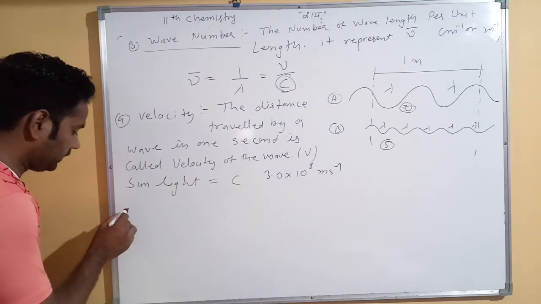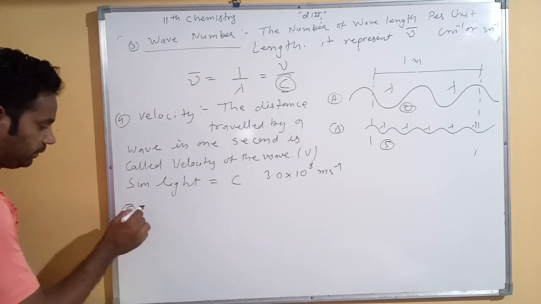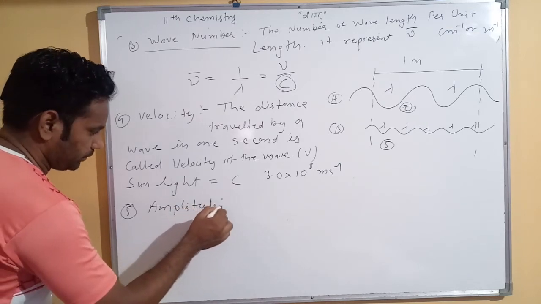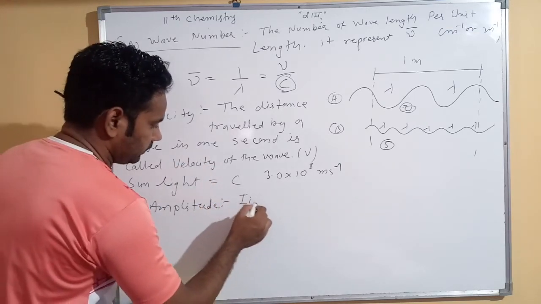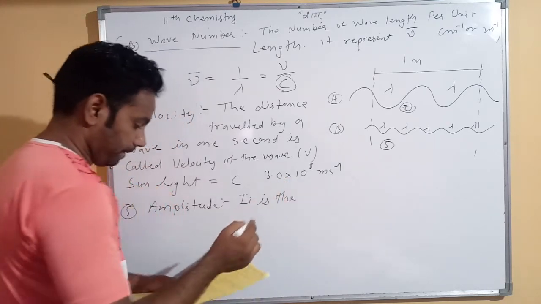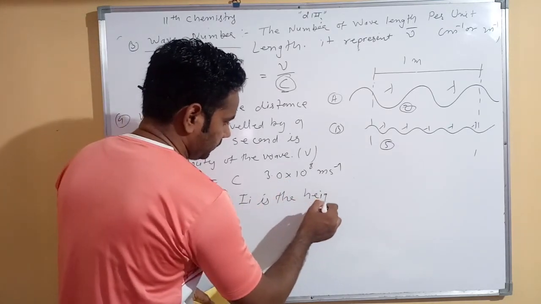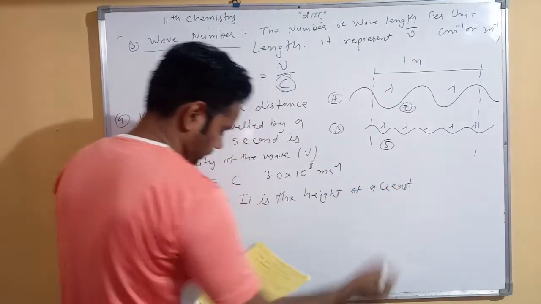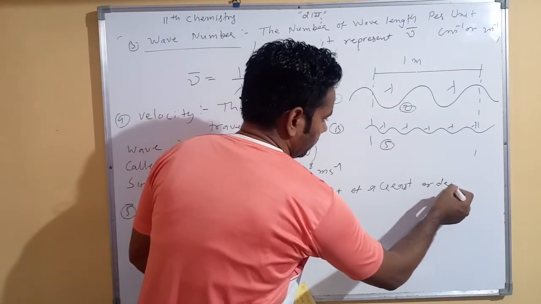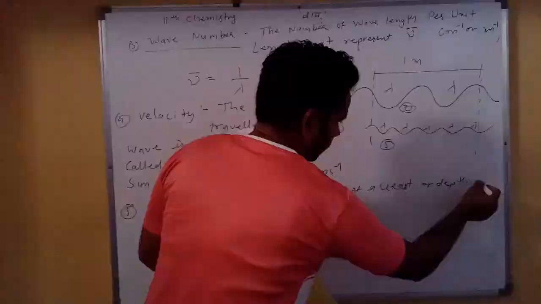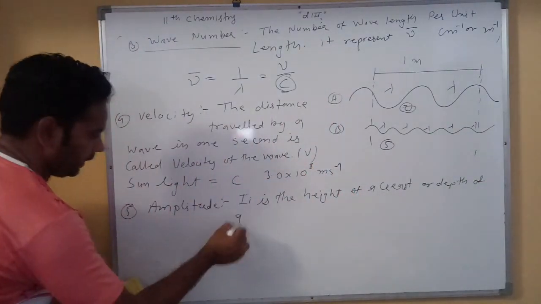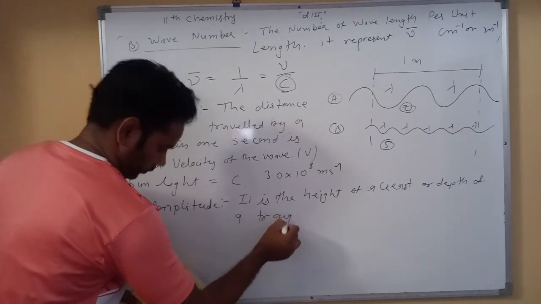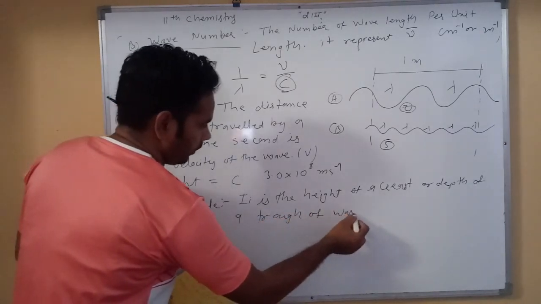Then the last definition is amplitude. It is the height of a crest or depth of a trough of a wave.